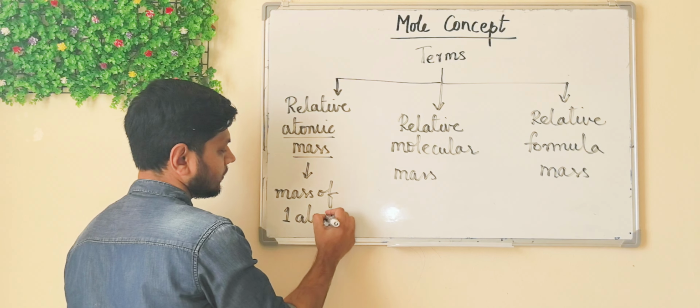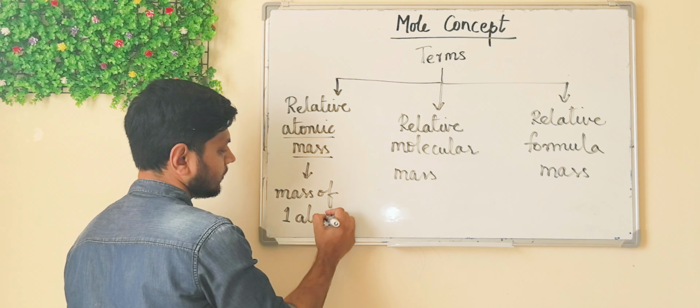Then coming to the relative molecular mass. Relative molecular mass is nothing but the mass of one molecule. But here you need to understand, molecules are formed only with covalent compounds.